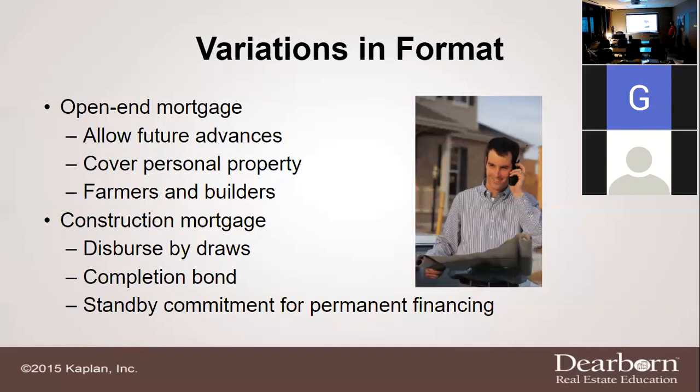Construction mortgage. How construction works is it's dispersed by draws. Okay. So what happens is they send out money in draws. They give out money in portions. There is a standby commitment, however, that you will have financing. They're not going to just bail out in the middle of the transaction. You will get your money, but it's going to be given at certain intervals in the building process.